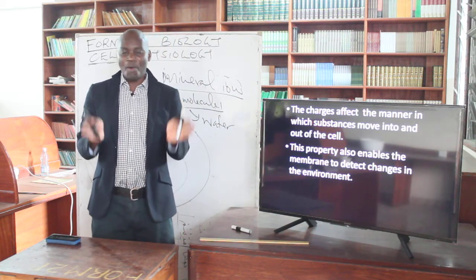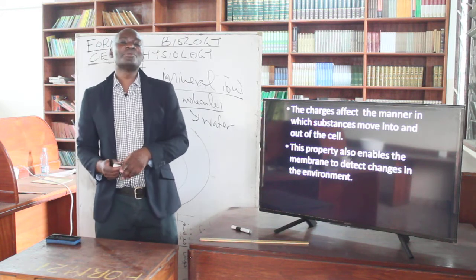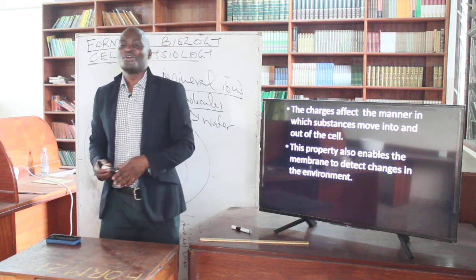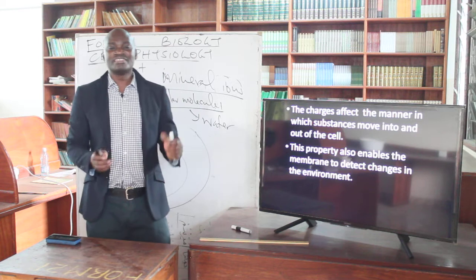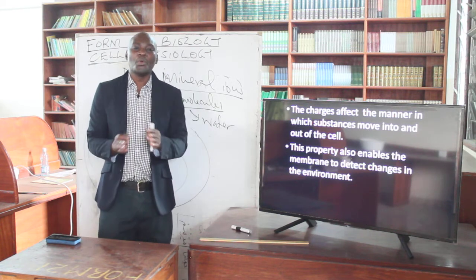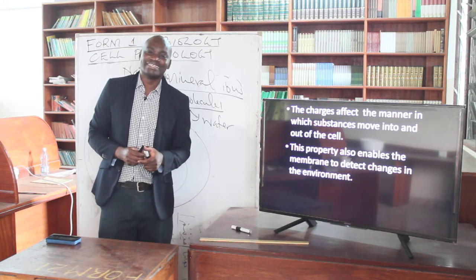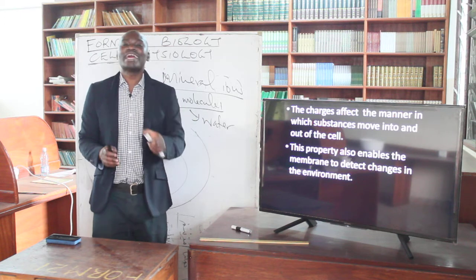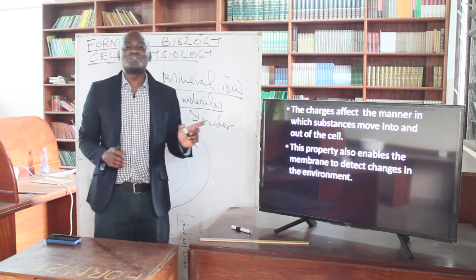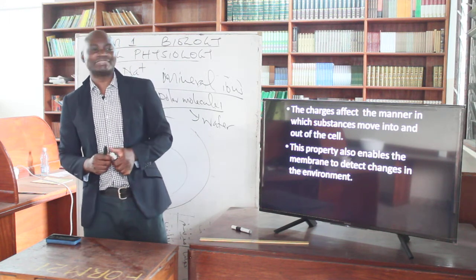So because it is polar, it can detect whether the environment is positively charged or negatively charged. These are factors which help the organism to maintain a constant internal environment for its what? Survival.